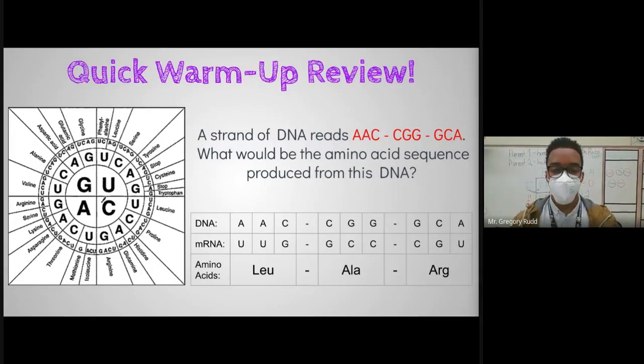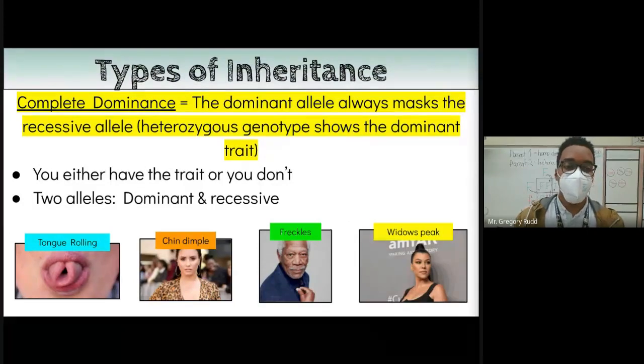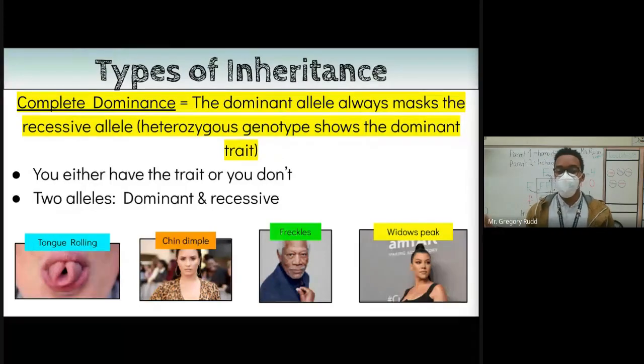Good job. Okay, yesterday we defined complete dominance. You should have already written this down for those of you who were here yesterday, so nothing new here. But just briefly, we talked about complete dominance. It's cool because you either have the trait or you don't. As we define two additional types of inheritance today, the thing that we need to keep in mind is the heterozygote.